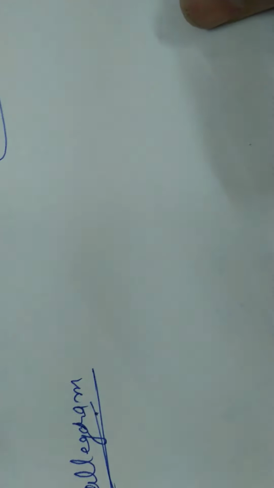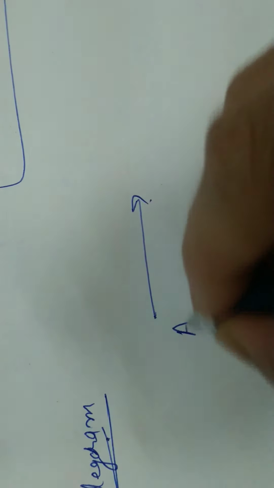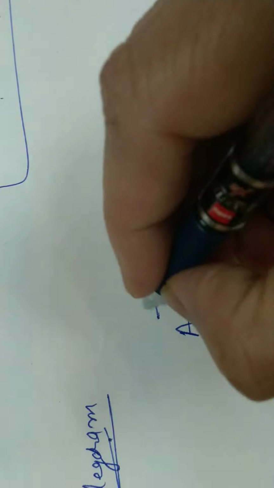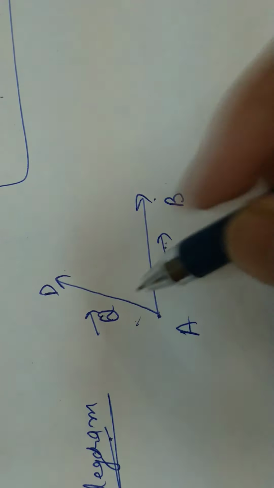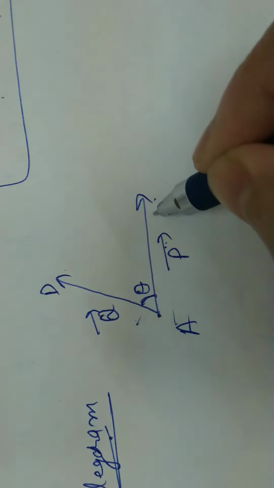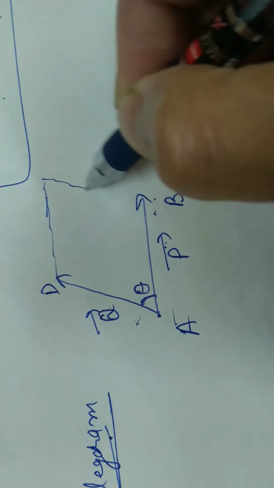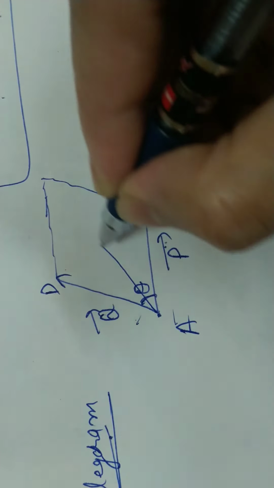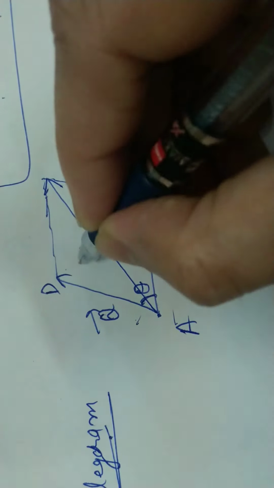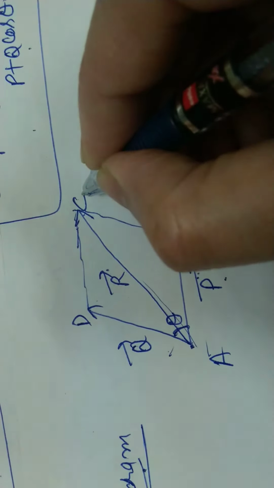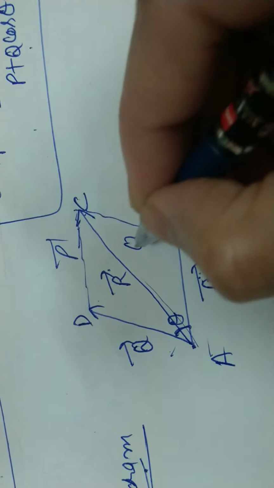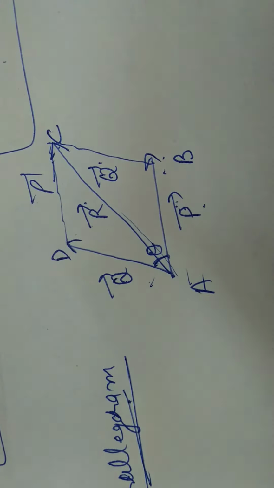Parallelogram law of vector addition. Here, if two vectors are represented by the adjacent sides of a parallelogram, acting at angle theta, then by completing this parallelogram, the diagonal passing through this point is the resultant of these two vectors, and we say that C. Then if P vector and here is Q vector, how do we write the resultant here?